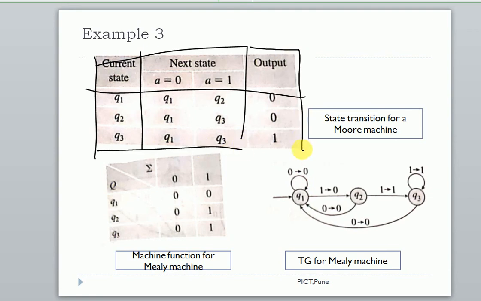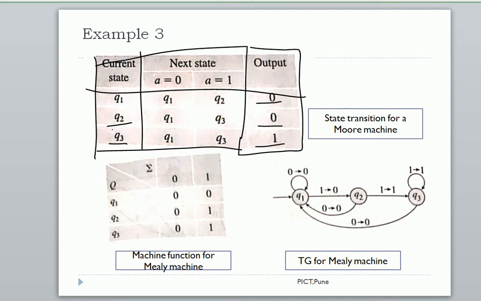And an additional part is output associated we have. That means this is a Moore machine. With the Q1 output associated is 0. With the Q2 output associated is 0 again. With the Q3 output associated is 1. So we have to achieve the Mealy machine.